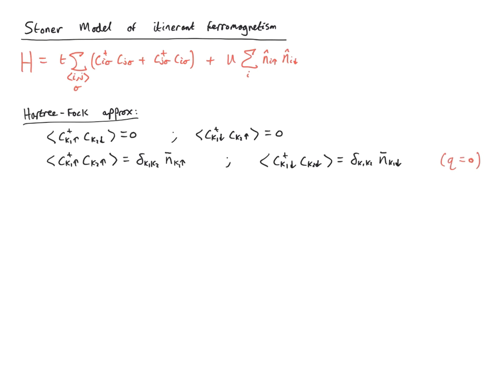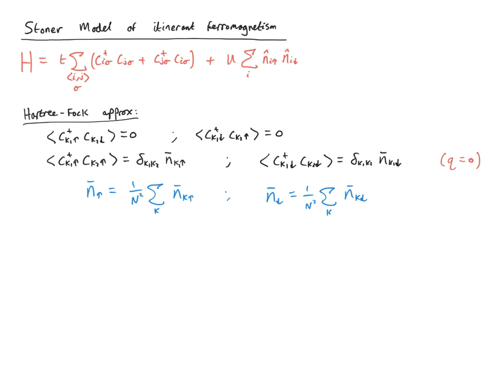Furthermore, we can consider the momentum summed occupation, which I'll call n up, the average of n up, and this is going to be just the sum over all momenta of the n k up object, and likewise the average of n down, that's the overall average summed over k and divided by the number of states, will just be the average of nk down.